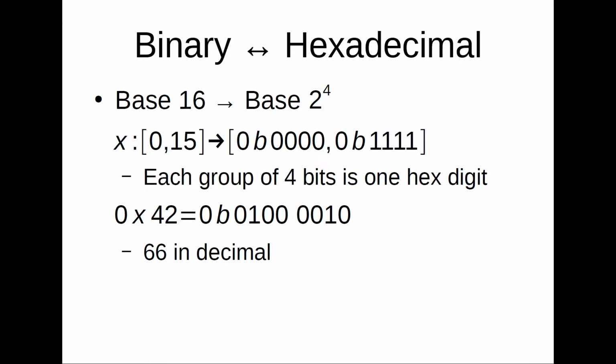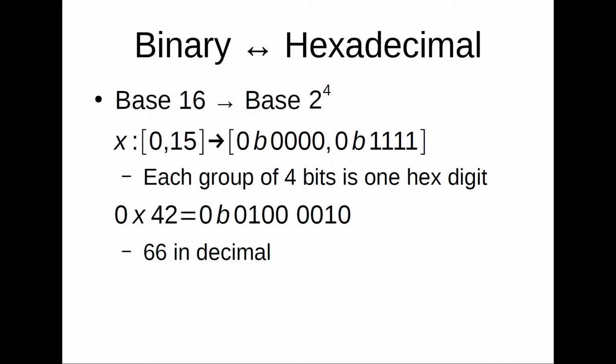And base 16 is the same as base 2 to the 4th, which makes converting between binary and hexadecimal pretty easy, because each digit 0 to 15 is just binary digits 0000 to 1111. So each group of 4 bits becomes 1 hex digit, and vice versa. Each hex digit represents a group of 4 bits.